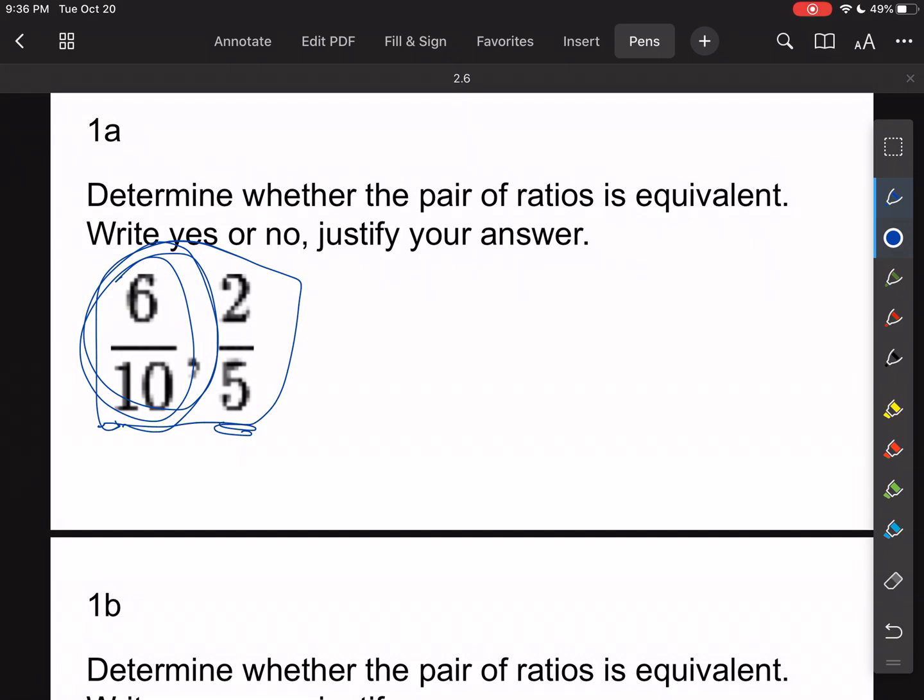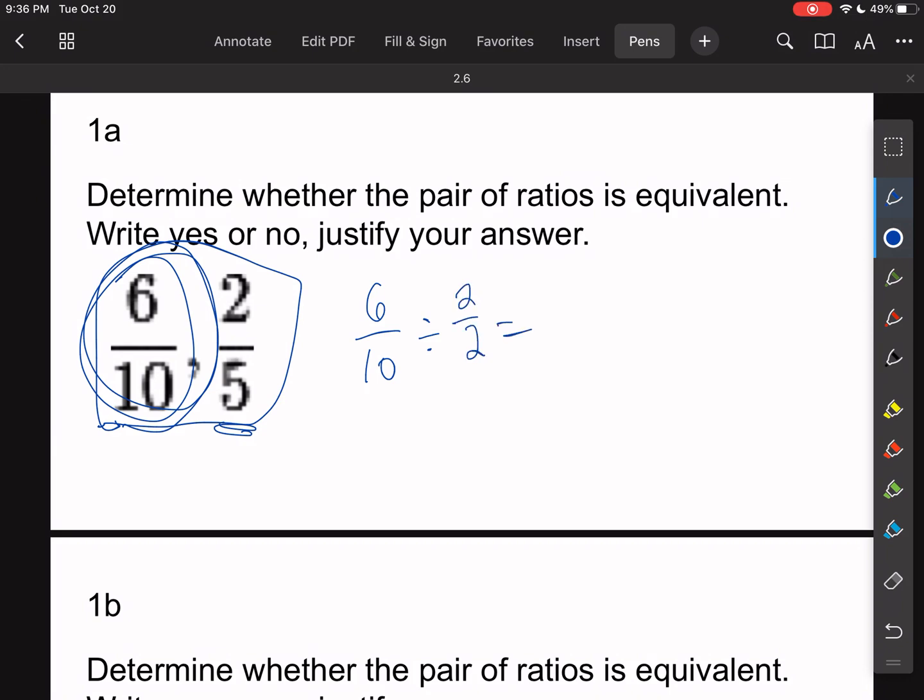If you simplify 6/10, by simplifying, what I mean is is there a number that I can divide both the numerator and denominator by that's in common with both? Is there a number that I can divide both 6 and 10 by? Here, that number is 2.